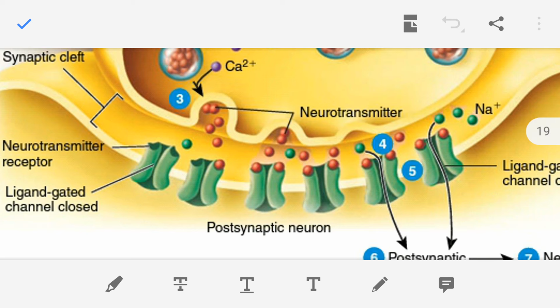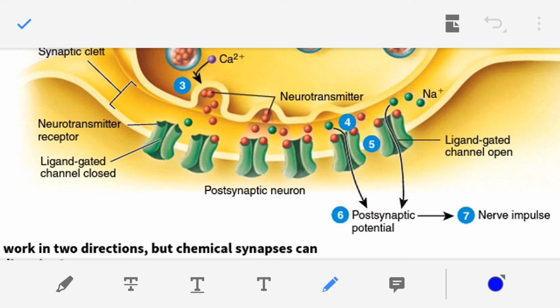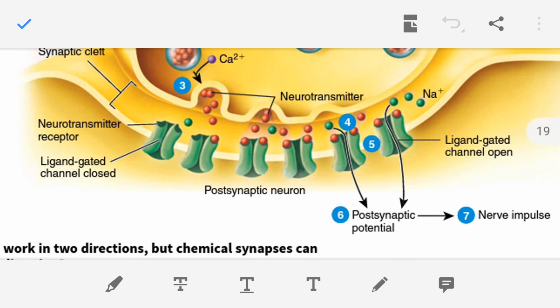And as the channels are open, what happens? The Na+ which is present outside, these Na+ ions cross this ligand gated channel and rush into the cytoplasm of the postsynaptic neuron.